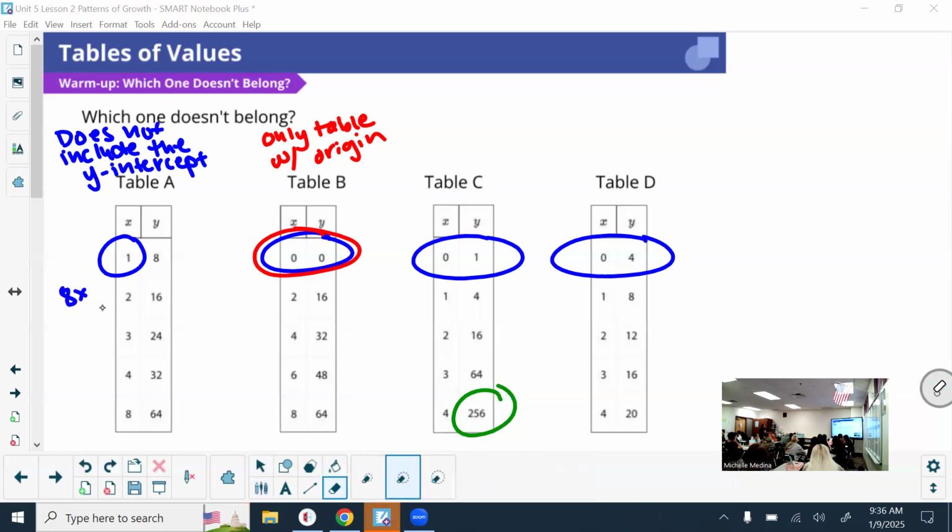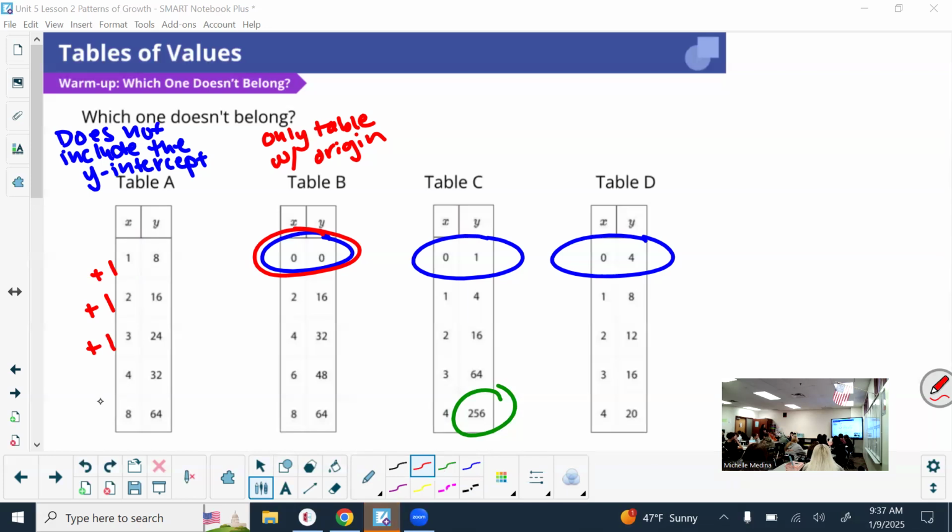I knew it was linear, and what I would like for you guys to start seeing is that my x's go up by a particular pattern for the most part. They go up by 1 except for here, where they go up by 4. And at the same time, my y values are increasing by 8 each time, except for right here when they increase by 32.